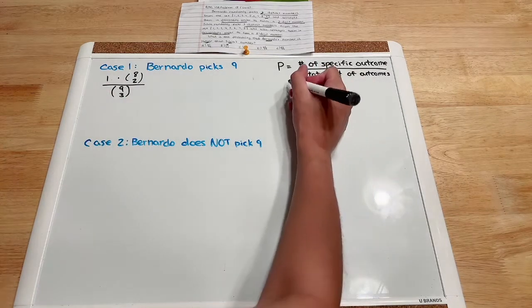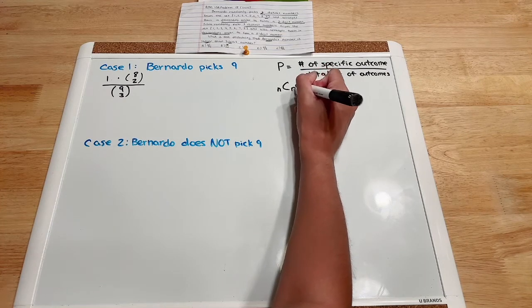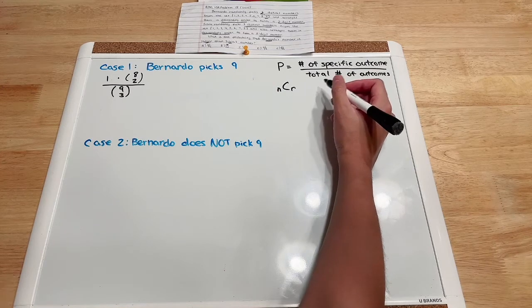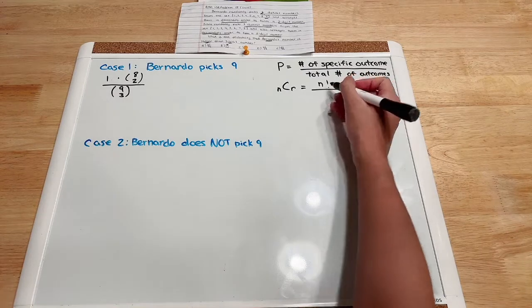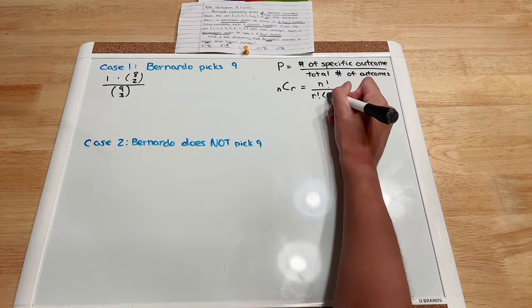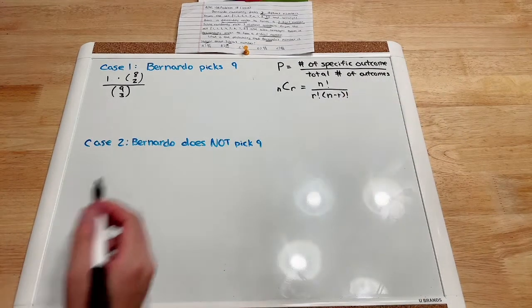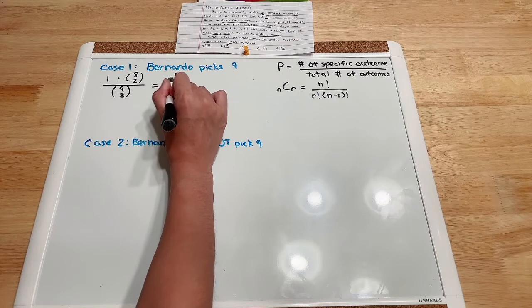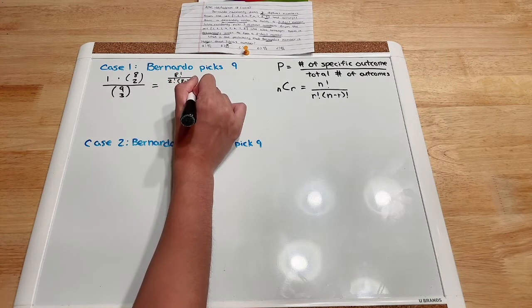We know that the combination formula is n choose r, where n is the total number and r is the number of objects chosen from the set. And then it is n factorial over r factorial times n minus r factorial. So when we substitute this into this equation, we get 8 factorial over 2 factorial times 8 minus 2 factorial.